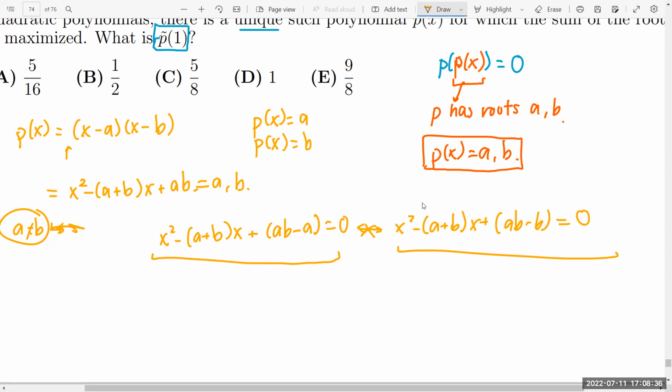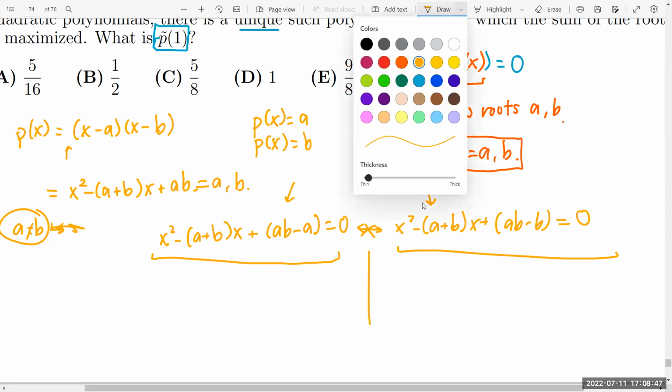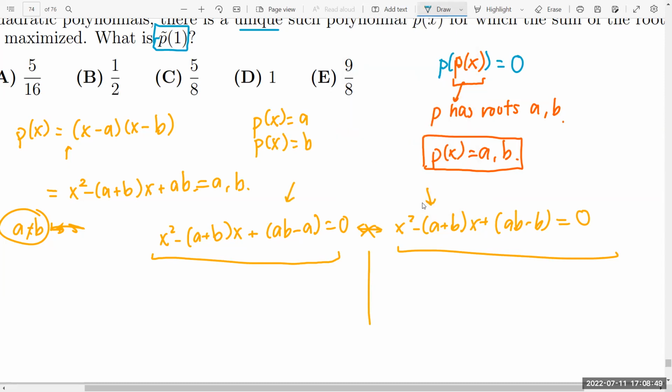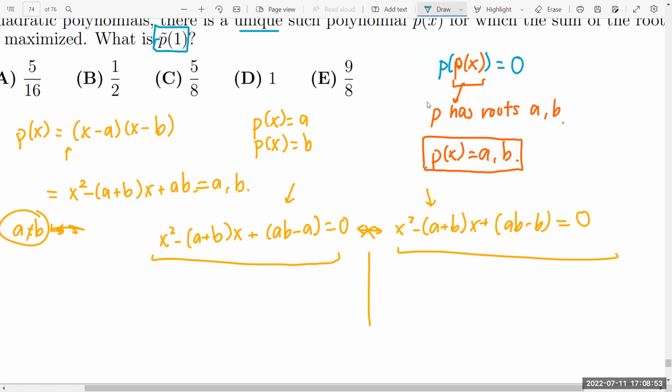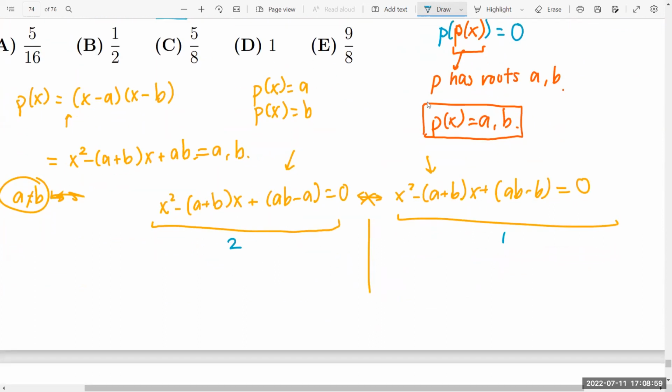So if it's a root of this group, then it can't be a root of the other group. As a result, the roots of both groups are disjoint. Since we want exactly 3 real numbers, one of them will have 2 solutions and one of them will have 1 solution, because neither of them can have more than 2 solutions.